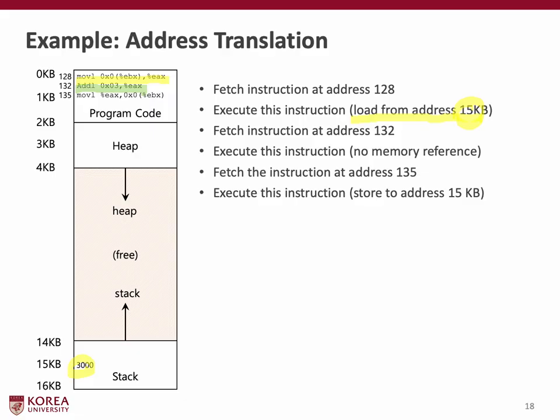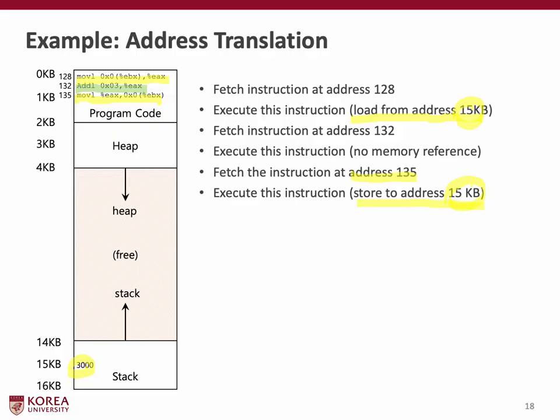And then the CPU fetches the last instruction at address 135. And here there is another movl instruction like this. Then the CPU executes this instruction by storing the updated value back into address 15 kilobyte.